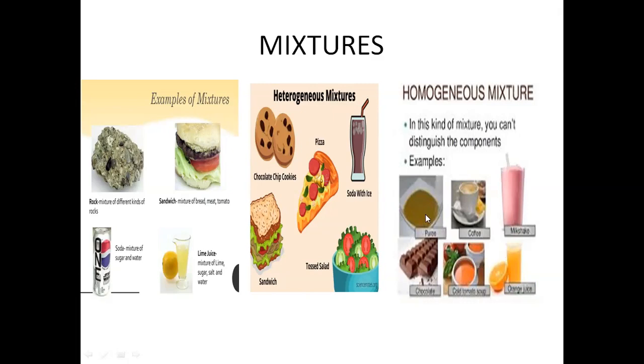But in heterogeneous mixtures, you can distinguish the components, for example pizza, chocolate chip cookies, soda with ice, sandwich and tossed salad. So these are the examples of the two types of mixtures: homogeneous, where you can't distinguish the components, and heterogeneous, where you can.